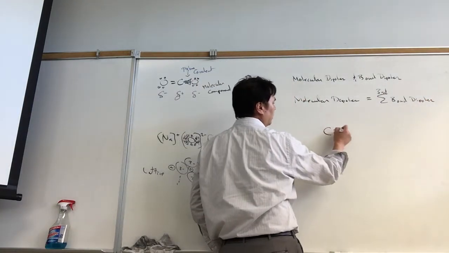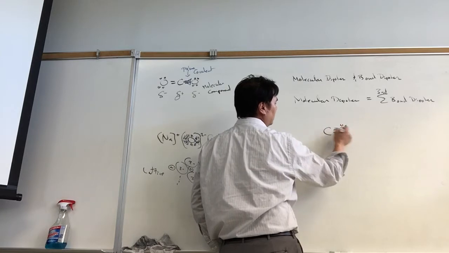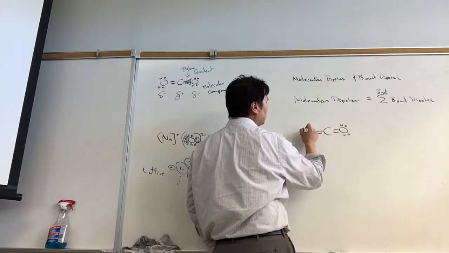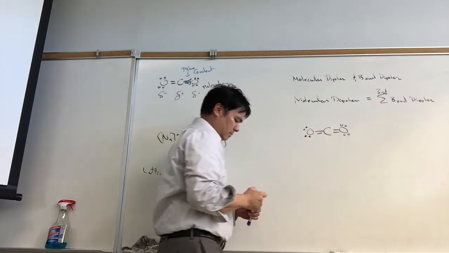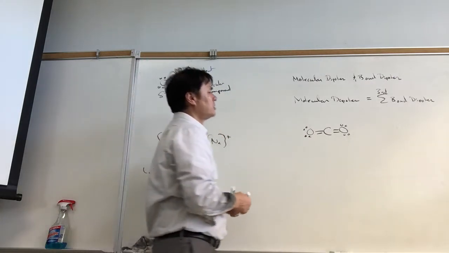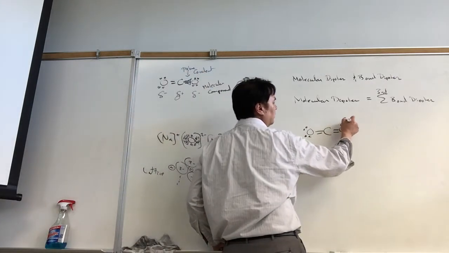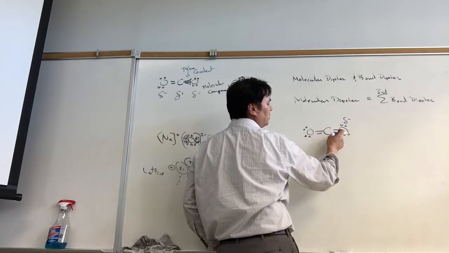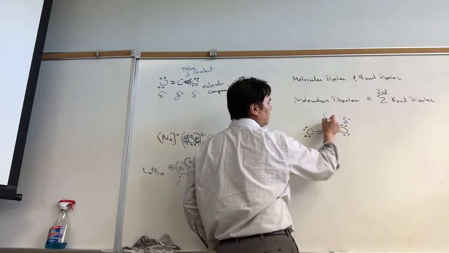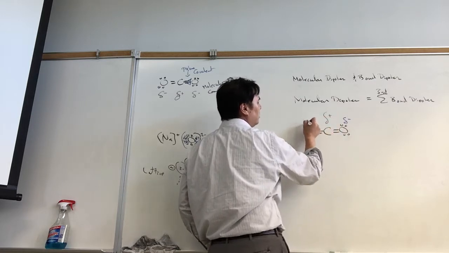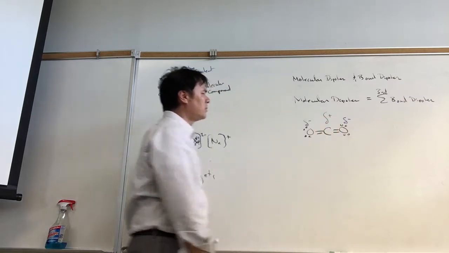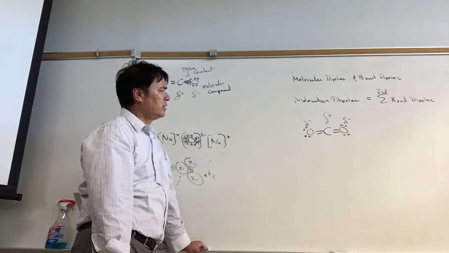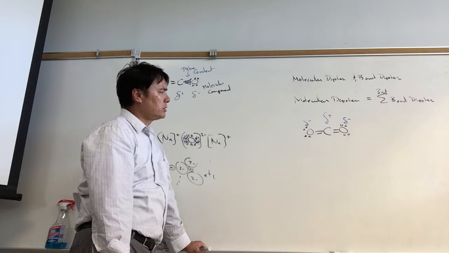Looking at an earlier example, carbon dioxide has 2 bond dipoles. There are different ways of representing the bond dipole. The partial charges are not quite a full -2 because not all the electron density went there. This is not quite a +4. It's somewhere in between 0 and -2, and 0 and +4 for the charges.